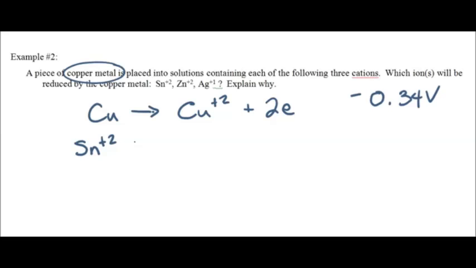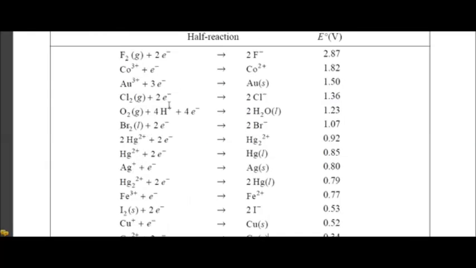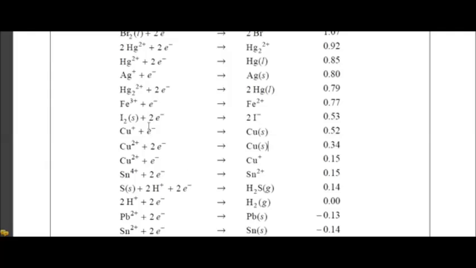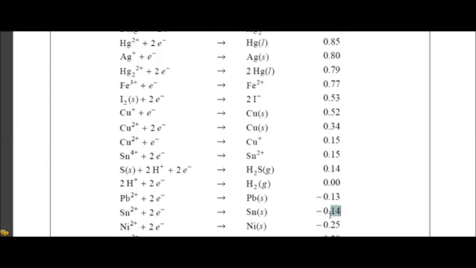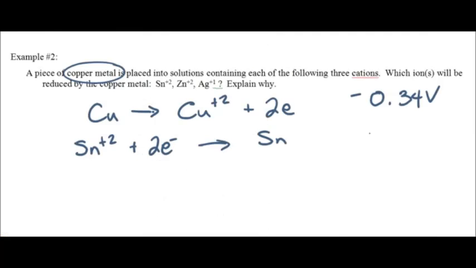We know that tin would like to be reduced. We take it from an ion to a solid. So let's find out what that value is. So tin, let's find it, Sn +2 going to solid right here. So when the tin is reduced, it gives a negative 0.14 voltage.